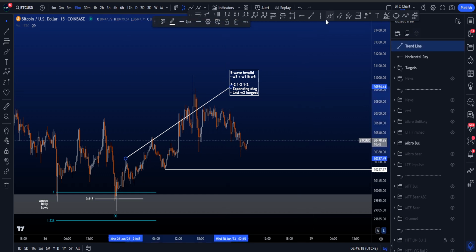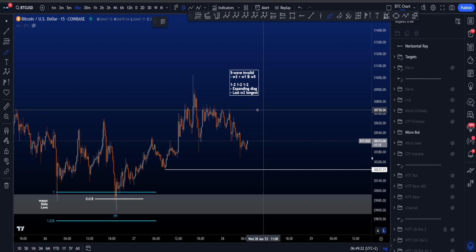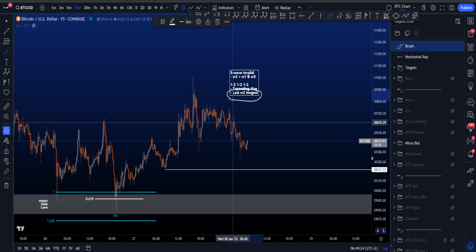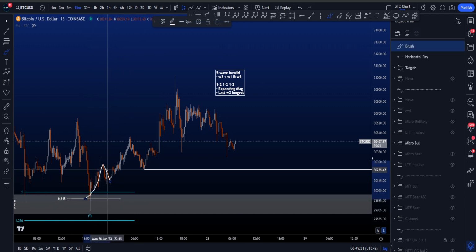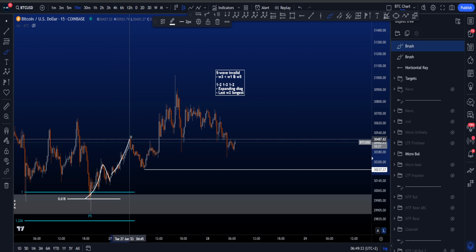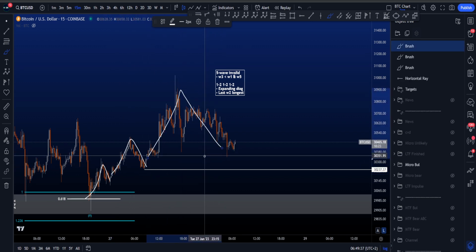And the reason why is that in a triple 1-2, each impulsive structure and each corrective wave 2 is usually shorter in time because you go to a lower degree Elliott wave. So this is 1-2, which is the highest degree Elliott wave. Then this is another 1-2 of a lower degree, and this is another lower degree 1-2.